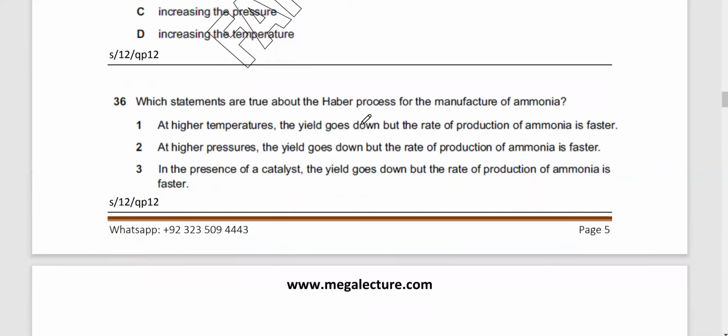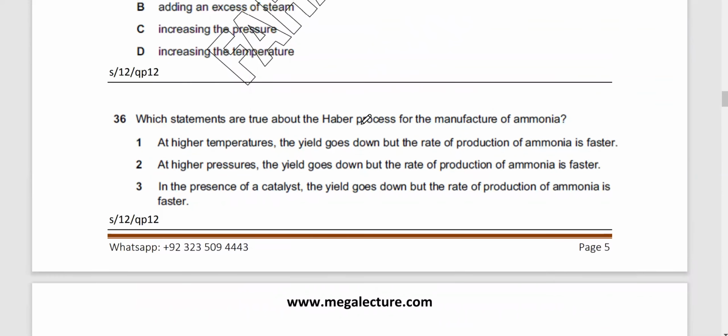Again, this is about the Haber process, which is the exothermic reaction that we just discussed. N2 plus 3H2 in equilibrium with 2NH3.